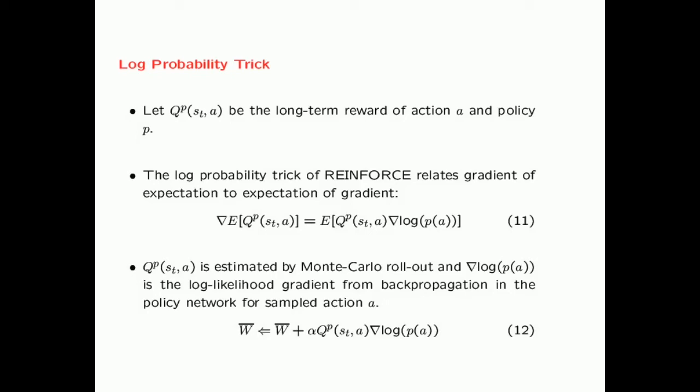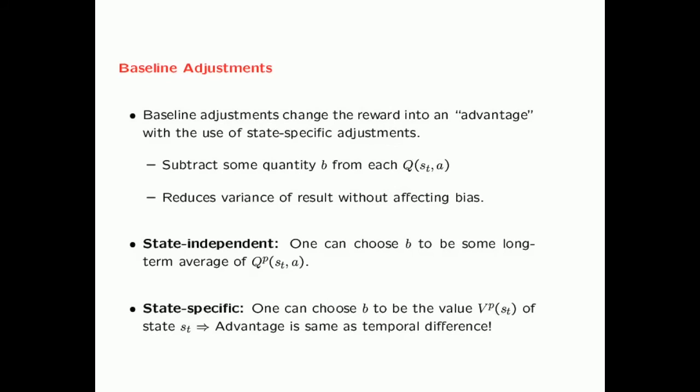And then you're going to update your weight vector after computing this gradient using backpropagation, by backpropagating the log probability in your neural network and then weighting it with the Monte Carlo simulated long-term reward. Here alpha is the learning rate. This is equation 12, your update.